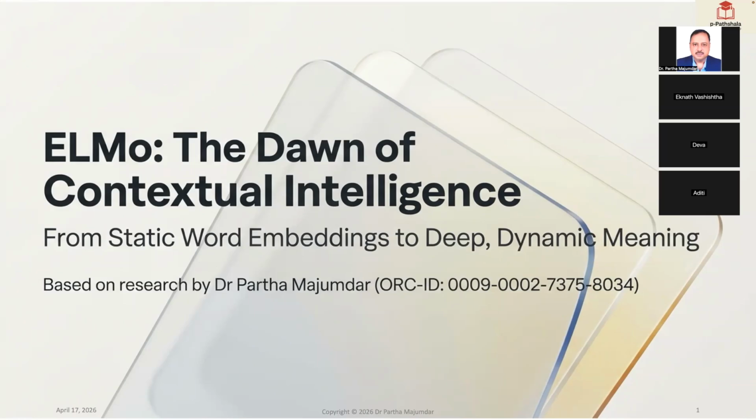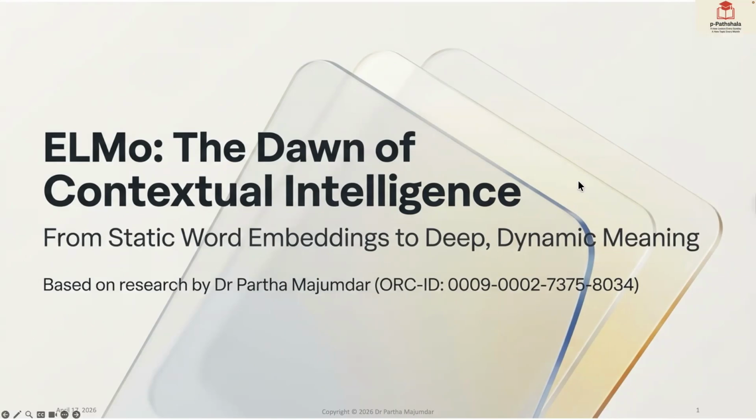So for morphological understanding, we took the discussion to fastText. And with fastText, we got morphological understanding of the words, but then we are now at a junction where we do not understand polysemies.